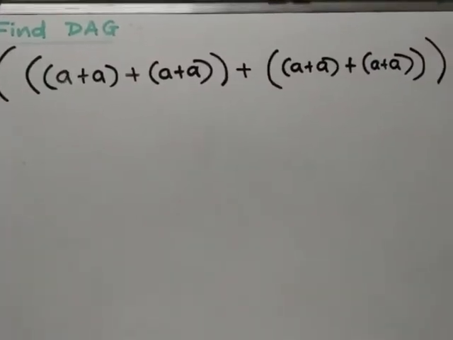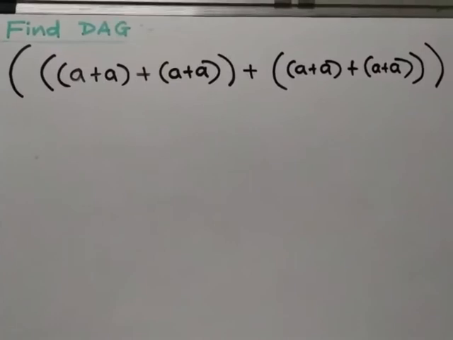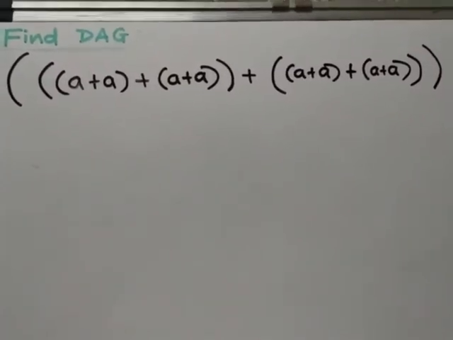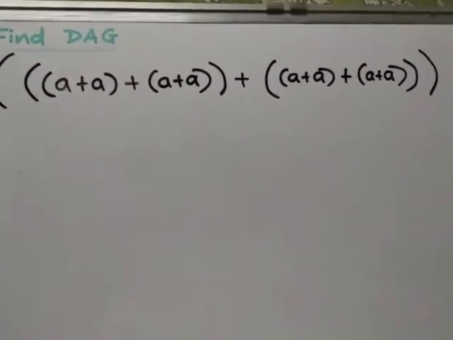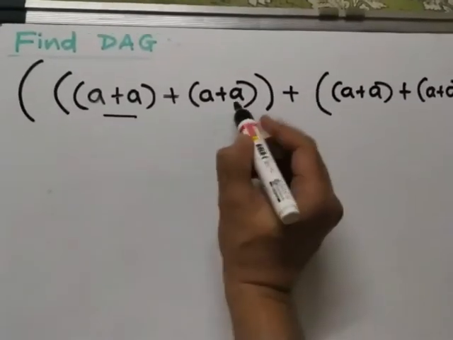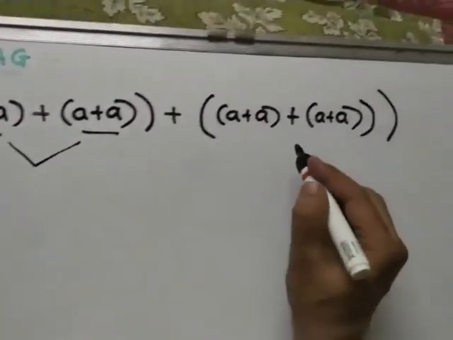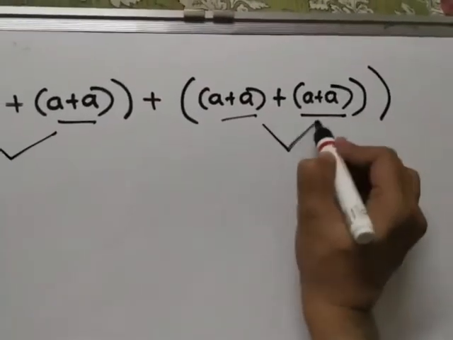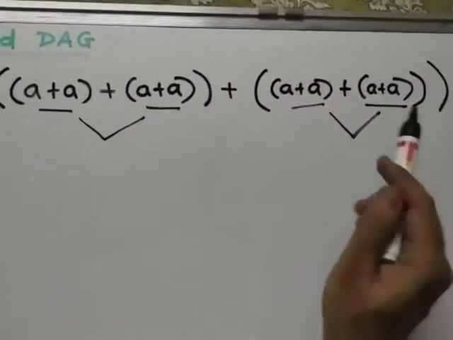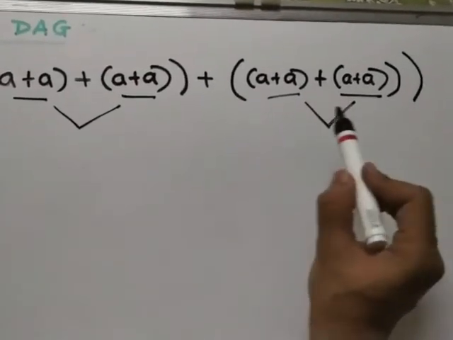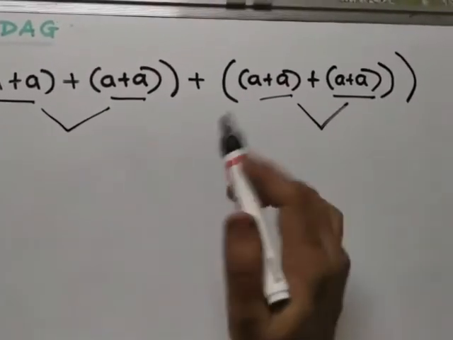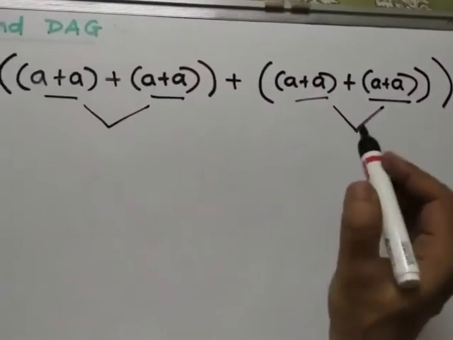The next example expression is given like this. Here you can observe multiple parentheses. We have a first expression, and similar to that a second expression, two sub expressions added together. Here also two different sub expressions are added together, and you can observe all the sub expressions are similar to each other. That means this repetition we have to avoid when we draw the DAG.